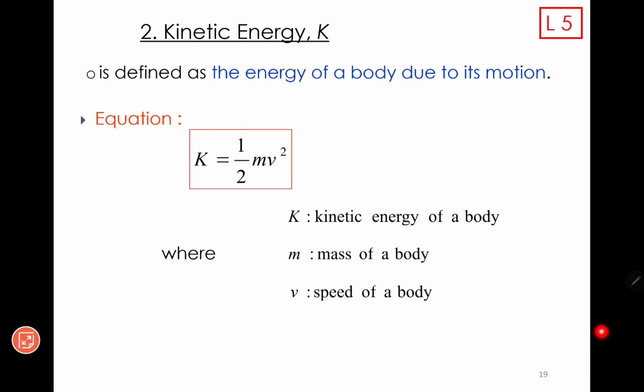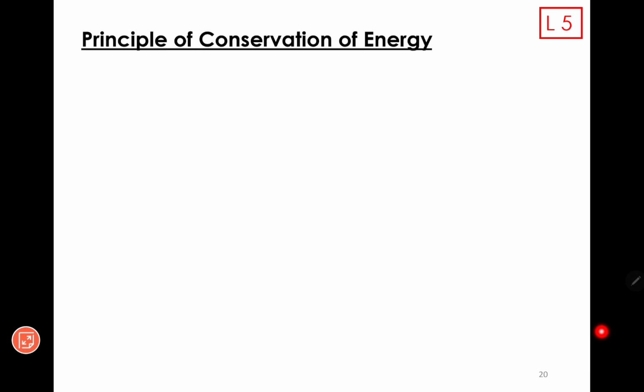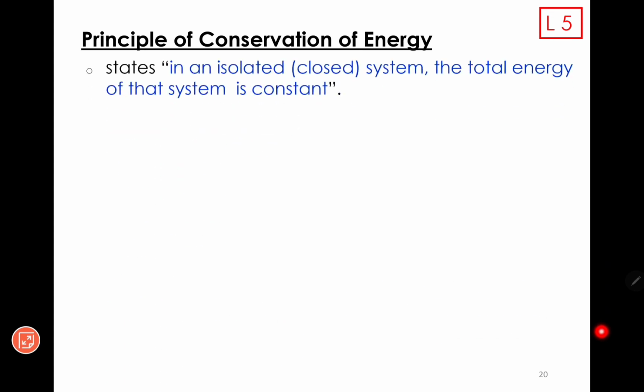Next, let's discuss the principle of conservation of energy. What is the idea? The principle of conservation of energy states that in an isolated or closed system, the total energy of that system is constant. What does closed system mean? It means that there is no external force exerted on it, free of external force.